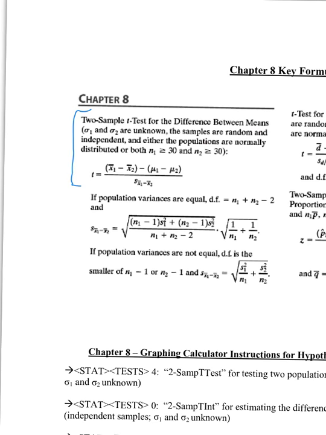In 8.2, we'll be using this equation for our t-test statistic. We'll be ignoring the equal population variance scenario and only working here in 8.2 when the population variances are unequal.